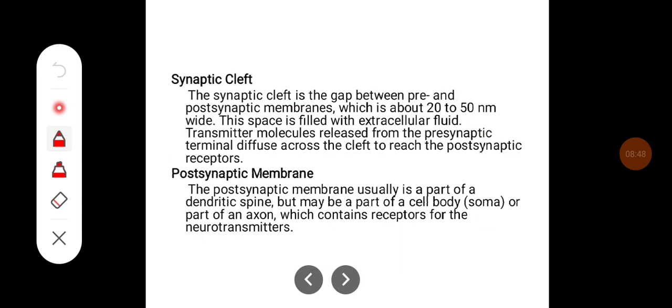The synaptic cleft is the gap between the pre and postsynaptic membranes, which is about 20 to 50 nanometers wide, and this space is filled with extracellular fluid. Transmitter molecules released from the presynaptic terminal diffuse across the cleft to reach the postsynaptic receptors.